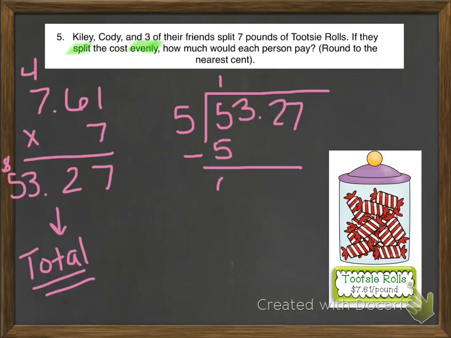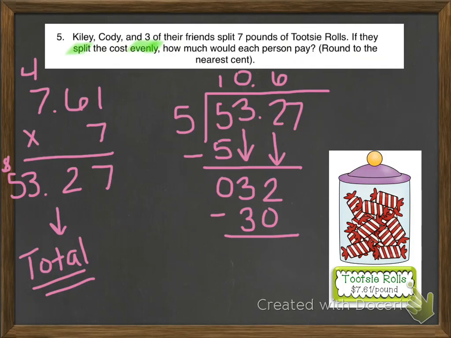When I subtract, I actually get 0, and then I need to bring down the 3. 5 goes into 3 0 times, so I'm going to go ahead and bring down the 2. Now 5 goes into 32 6 times, which is 30. When I subtract, I get 2, bringing down the 7. 5 goes into 27 5 times, which is 25.